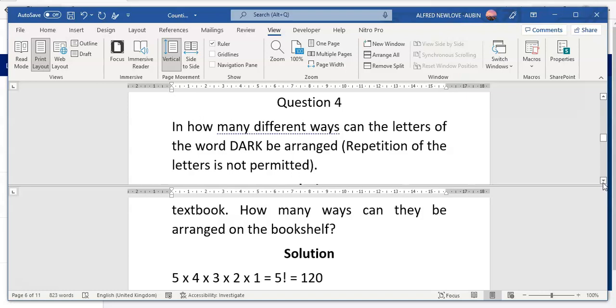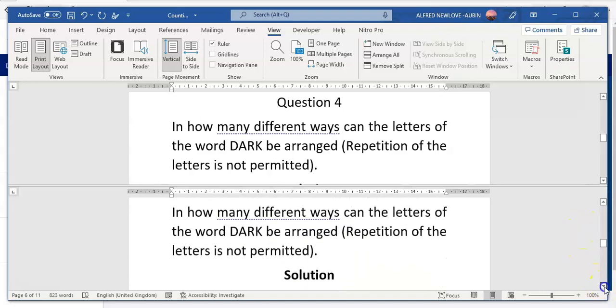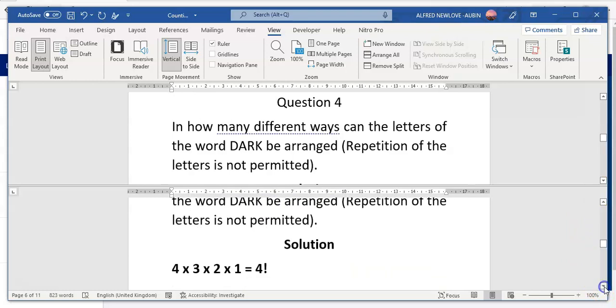Repetition of letters is not permitted. Let's answer that one. Okay, so here we are not repeating the letters. Duck. Duck is how many? Let's count. 1, 2, 3, 4. So the first space can take this, second, third, and fourth.